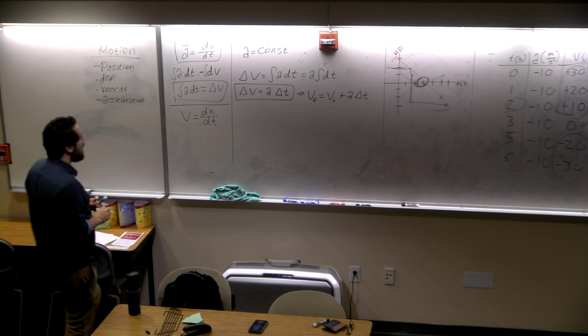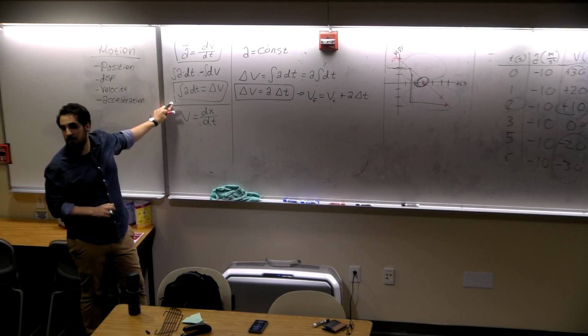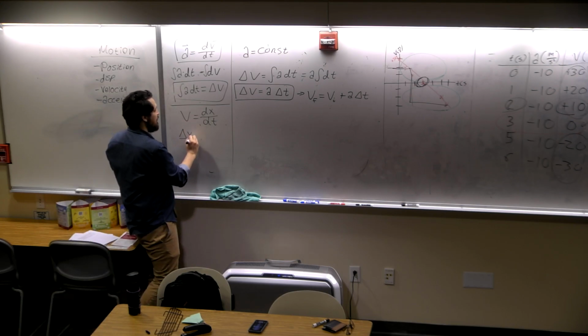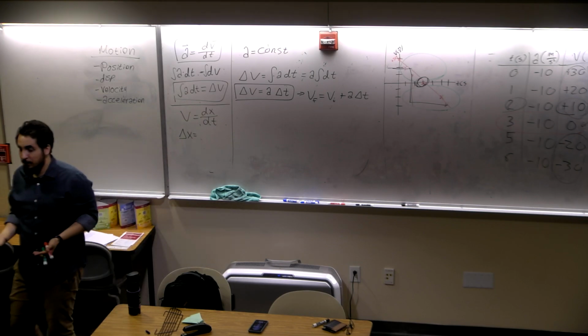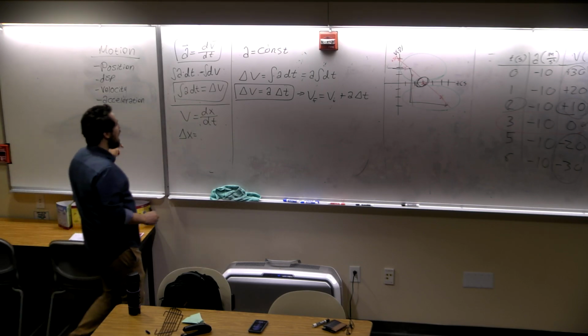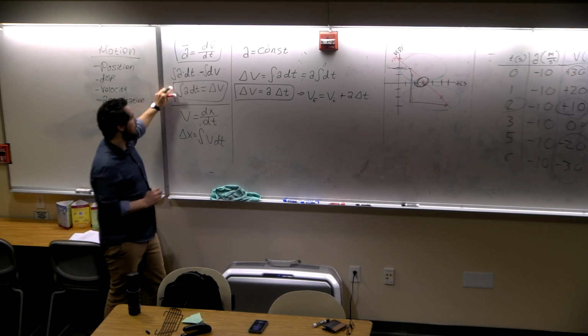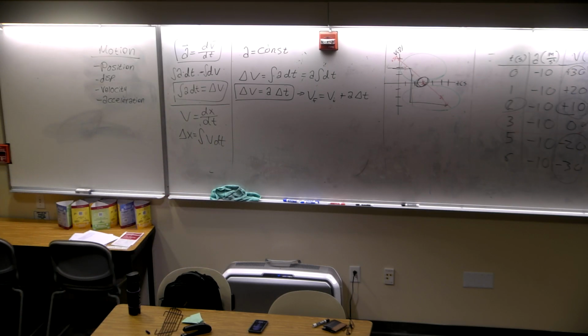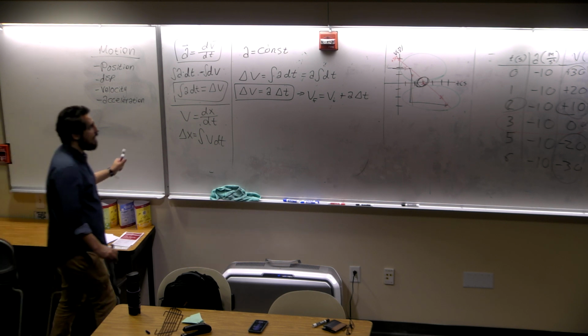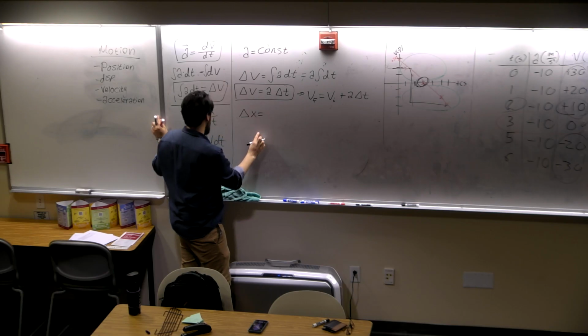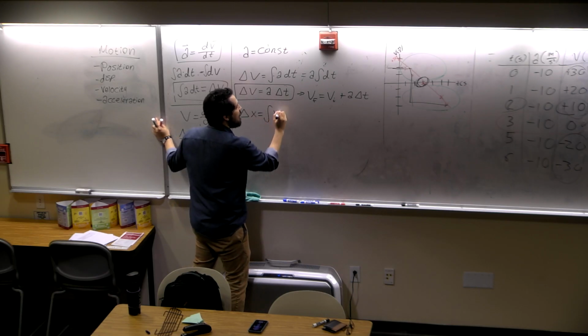If this is the case, we can do the same exact thing we did with our acceleration to give us that our change in position, delta x, in other words, our displacement, is given by the integral of v dt, similar to what we had earlier with our acceleration. At which point we say, okay, well, delta x is equal to the integral of velocity dt.